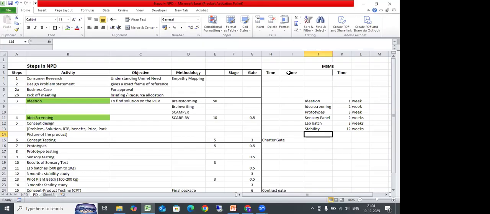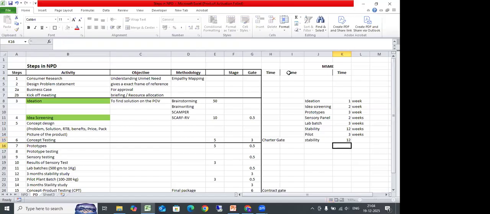Now here you can skip. If you want, you can do it or you can skip as well, because the difference between the main batch size and the pilot batch size for MSME is not that much. You are getting what I'm saying? Even if I do a pilot batch, I take 3 weeks and then stability, again 12 weeks.